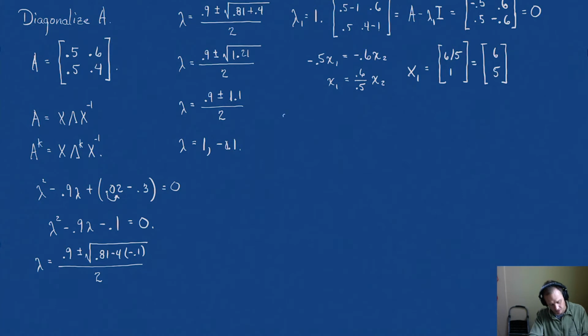Now we repeat with lambda 2 equals minus 0.1. So now I have 0.5 minus a negative 0.1, so it's really a plus 0.1, 0.6, 0.5, then 0.4 plus 0.1.